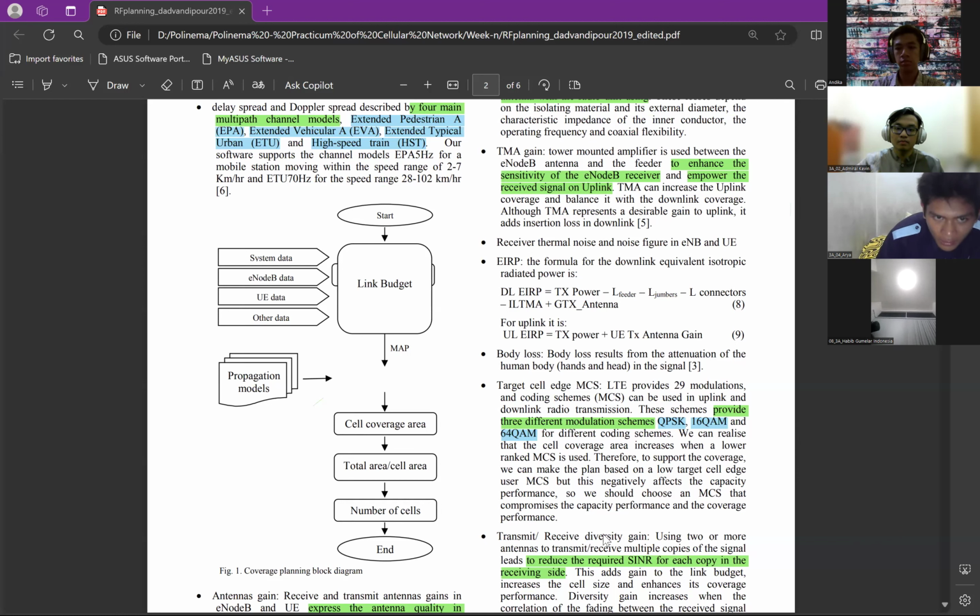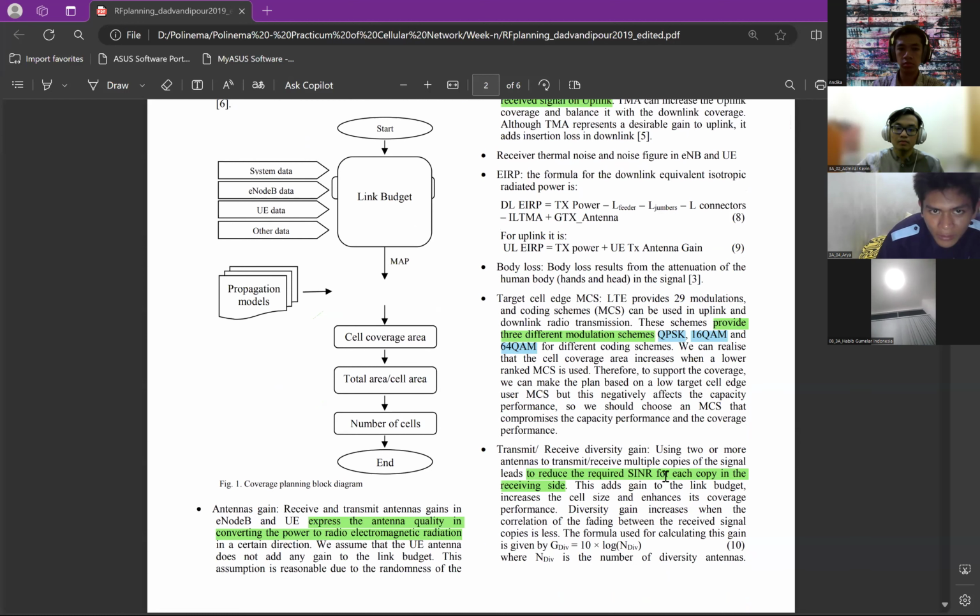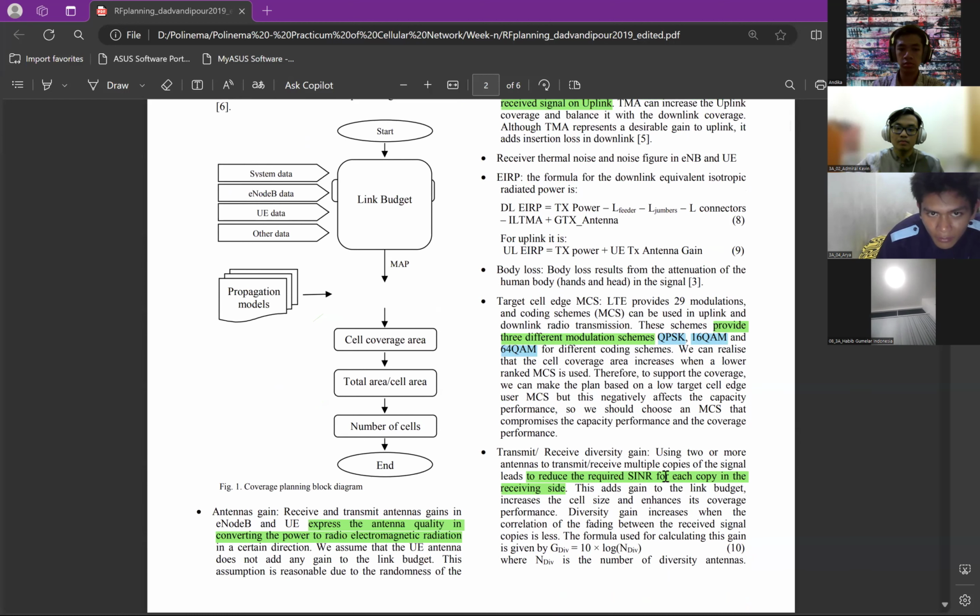And then this covers the planning block diagram and link budget, and then maps the coverage area to the total area or cell area, and then the number of cells.